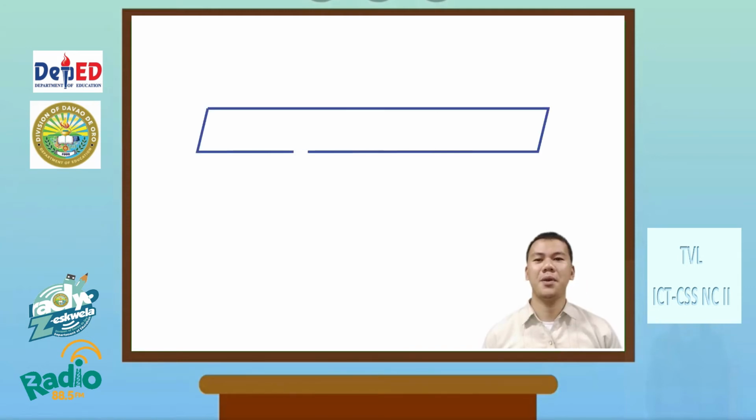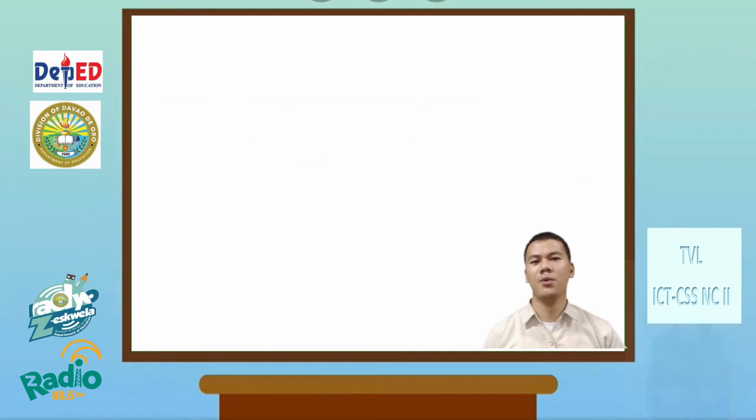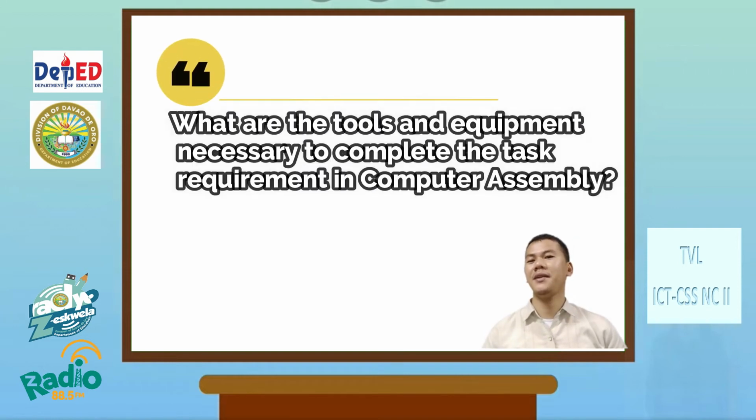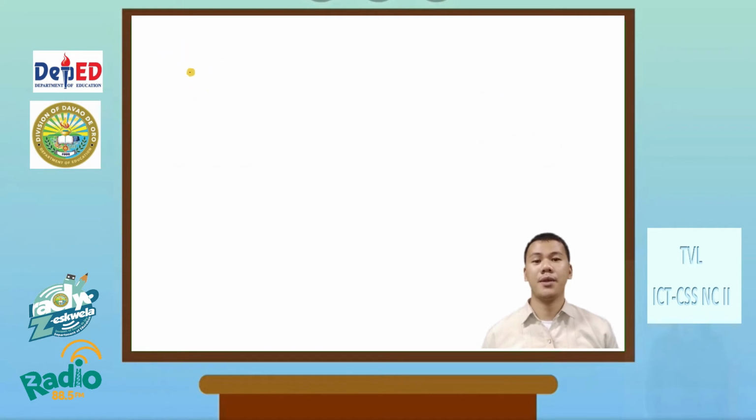And before we proceed, let's have a review. What are the tools necessary to complete the task requirement in computer assembly? Again, what are the tools and equipment necessary to complete the task requirement in computer assembly? Great!